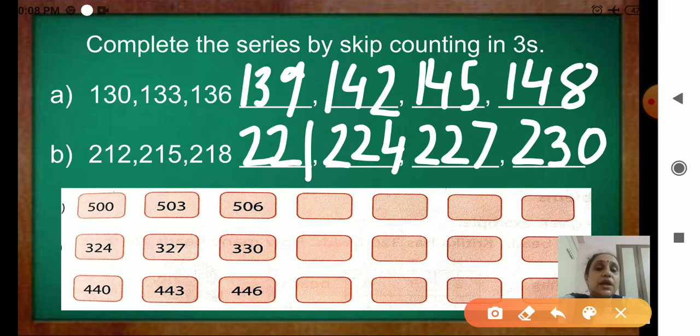Now the next one, 500, 503, 506, 507, 508, 509. Then count. After 509, 510, 511, 512.